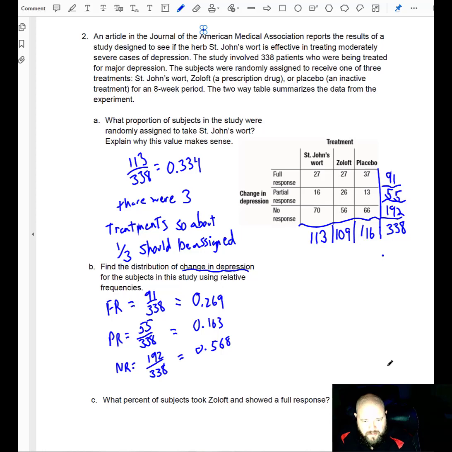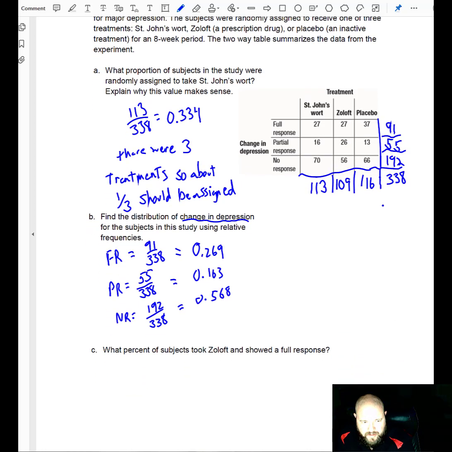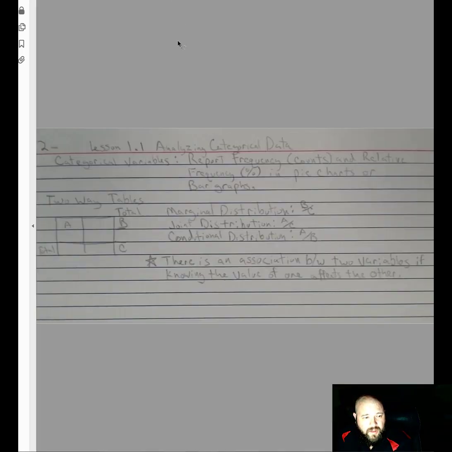For the last part, for C, it says, what percent of subjects took Zoloft and showed a full response? So they took Zoloft and showed a full response. Well, the only one that took Zoloft and a full response is that value right there. If we're trying to find a value over the total, that's a joint distribution.